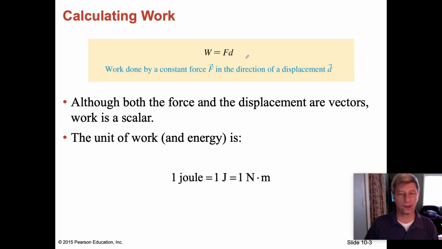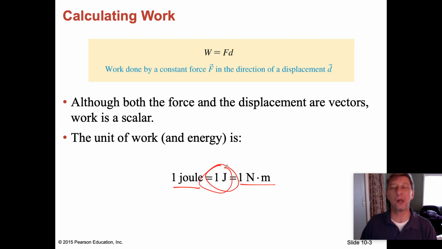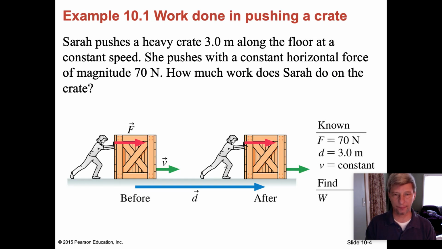So you can see here on the bottom that 1 joule is equal to 1 Newton meter. That means that if a 1 Newton force pushes an object 1 meter of displacement, you've done 1 joule worth of work. Because joule is somebody's name, notice that it is abbreviated with a capital J.